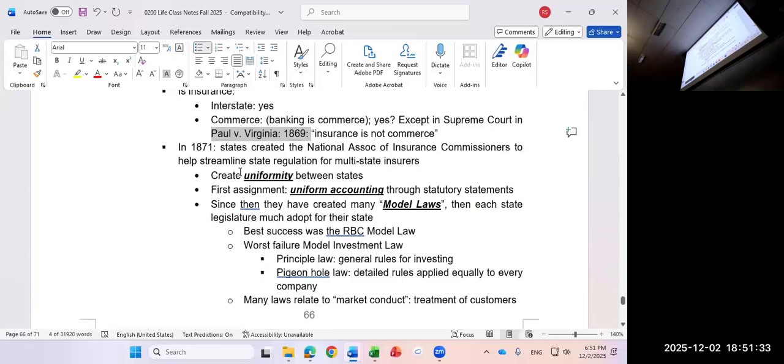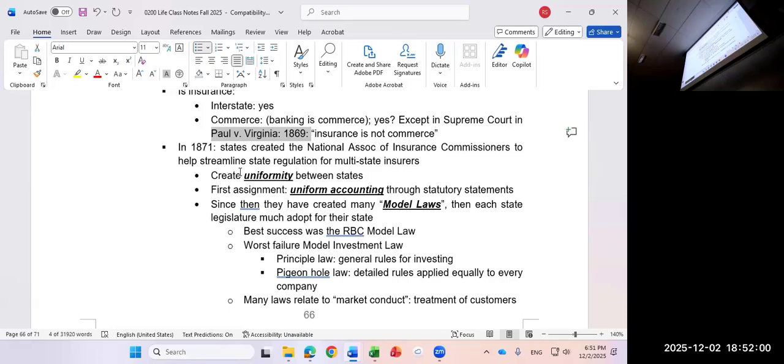Paul was from New York, and he wanted to sell insurance, probably property and casualty insurance, in Virginia. Virginia says, fine, but we're going to license you. You have to be licensed to sell in our state. And Paul says, forget that. The US government says you can't regulate me. This is interstate commerce. And the Constitution says that because if Paul's coming from New York, Virginia's going to say, well, you're from New York, you're going to have to pay us $1,000.